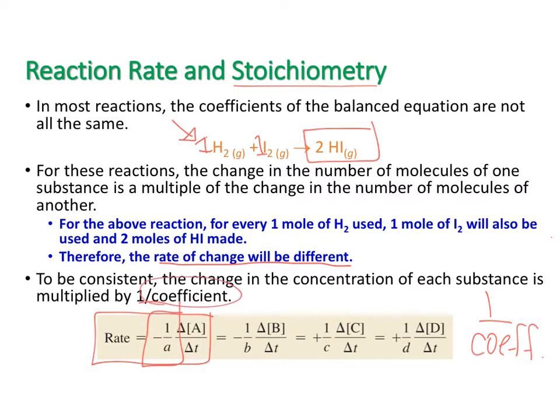So for example, with hydrogen iodide, to write our rate, we would take 1 over the coefficient, in this case it's 2, and then the regular thing, which is delta the concentration of HI divided by the change in time. So all you do is take the coefficient and place it in a fraction, 1 over, and that's how we add in our stoichiometry ratios.